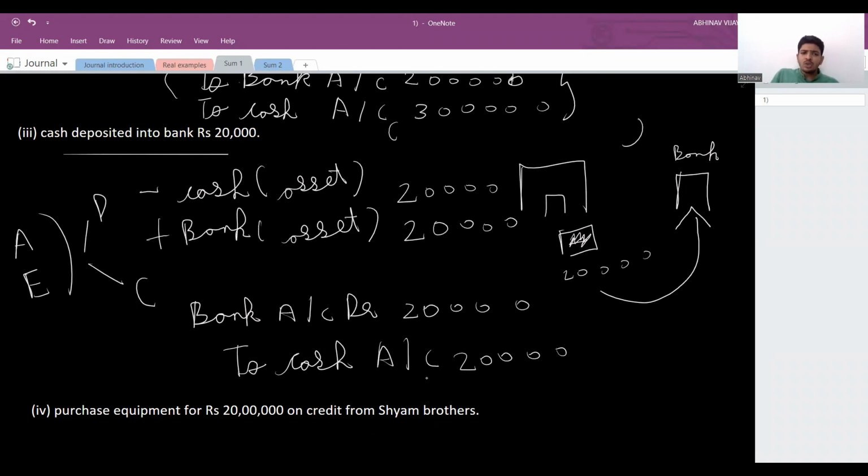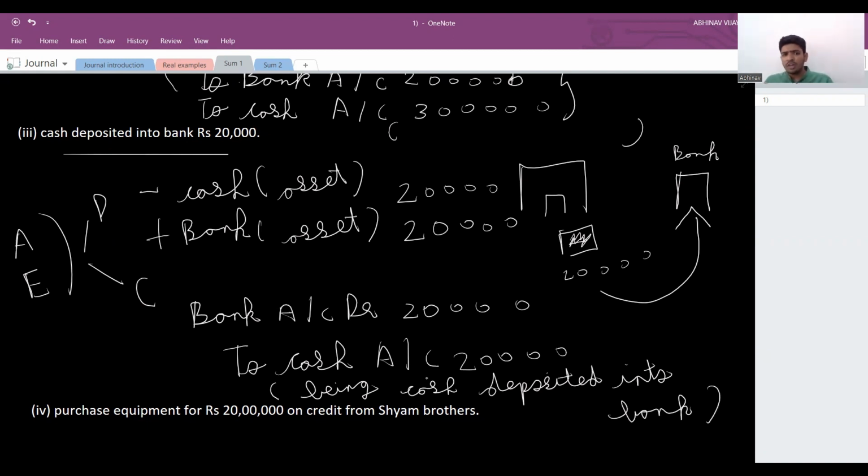So just break down the question and solve it. It'll be easy. If only the questions covered here come in the exams, be rest assured. Now, narration for a change: being cash deposited into bank.